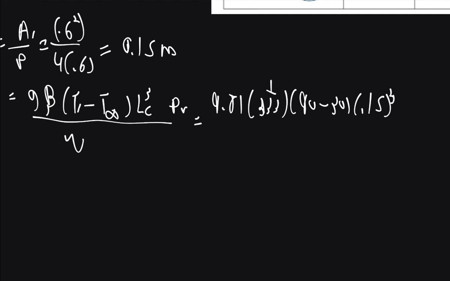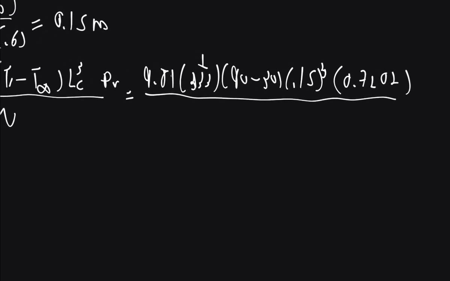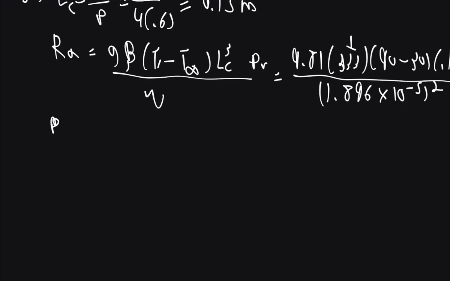And then the Prandtl number was 0.7202. And then kinematic viscosity was 1.896 times 10 to the negative 5, squared. We get all of this. The Rayleigh number is 1.195 times 10 to the 7th.